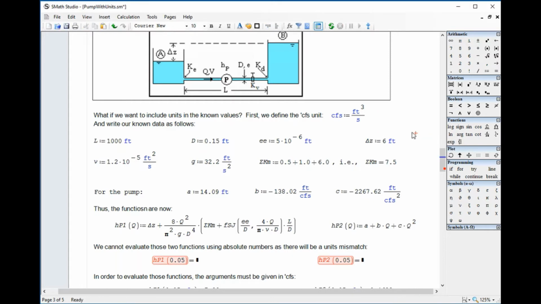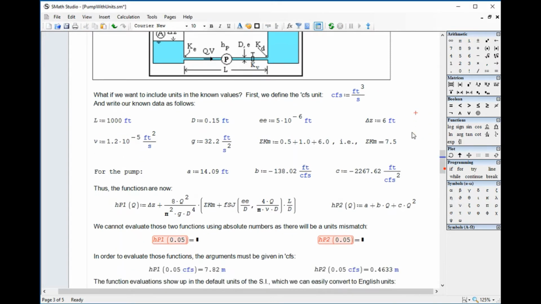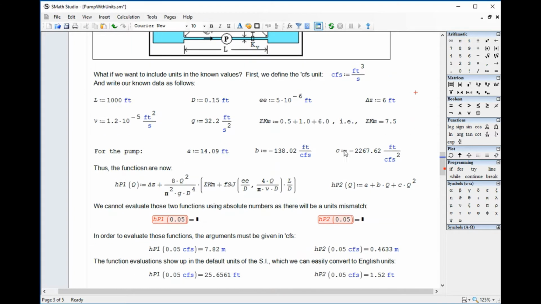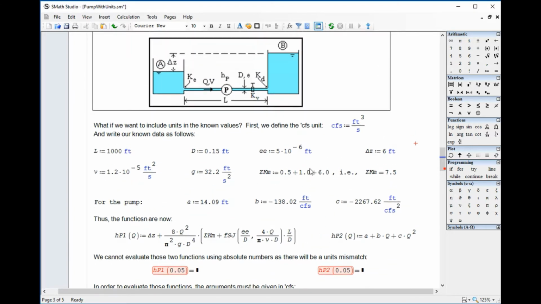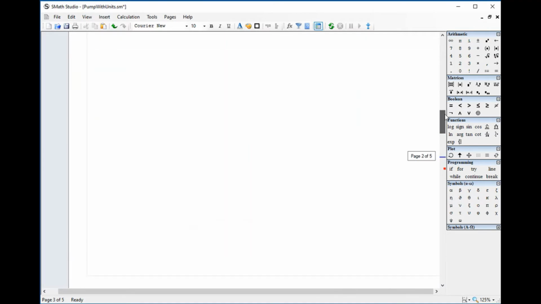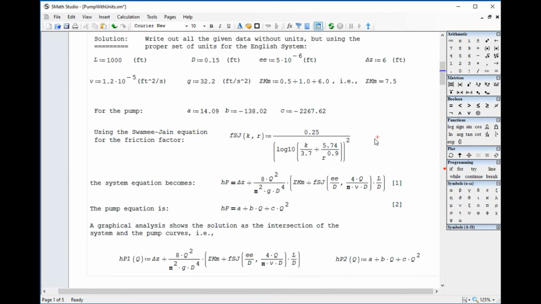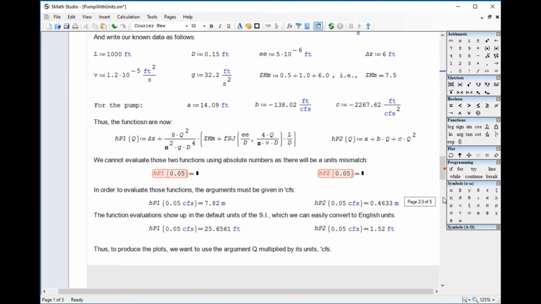Again, we're using units of the imperial system, which is commonly used in the United States. And so we define the function for the friction factor. We're using the same one that we used before because this ends up being dimensionless terms. K is the relative roughness, which is dimensionless, and R is the Reynolds number, which is also dimensionless, so we don't worry much about units there.